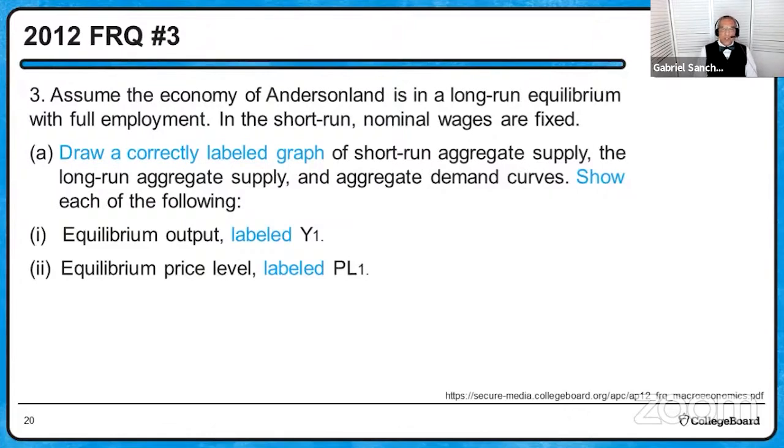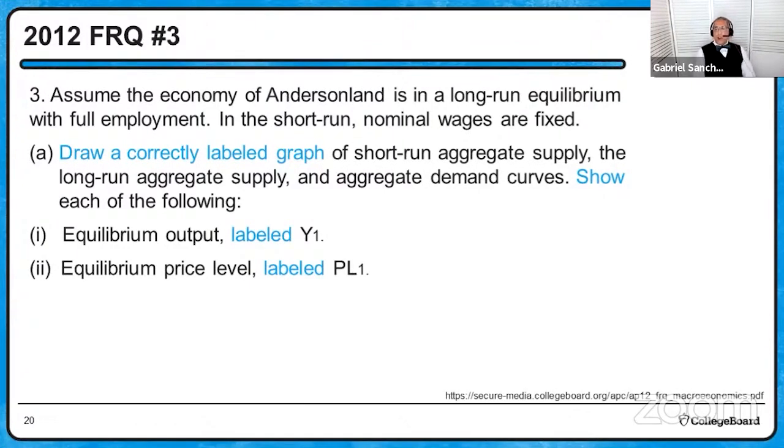In the short run, nominal wages are fixed. Draw a correctly labeled graph of the short-run aggregate supply, the long-run aggregate supply, and aggregate demand curves. Show each of the following: equilibrium output labeled Y1, equilibrium price level labeled PL1.